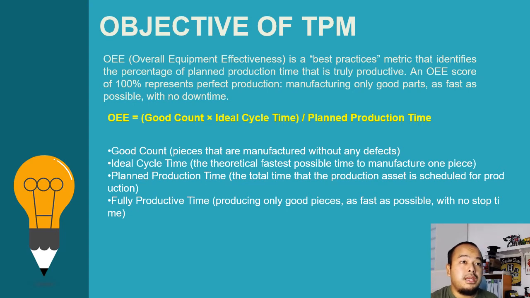Mungkin ada company yang ada range dia, 100%, berapa star, mungkin 5 star, ada 4 star 90%. So if you achieve a 100% score, maybe you get some rewards, certification, recognition dan sebagainya. A score of 100% represents perfect production, manufacturing only good parts as fast as possible with no downtime.